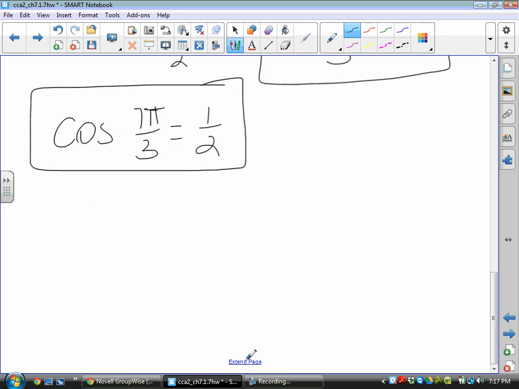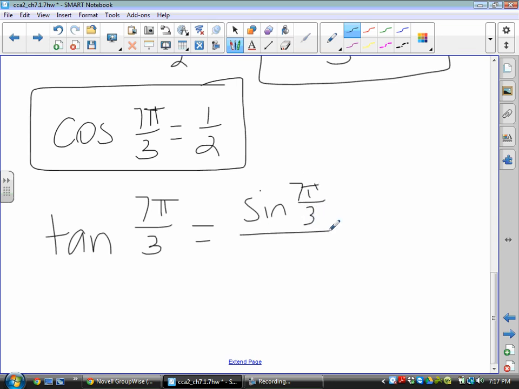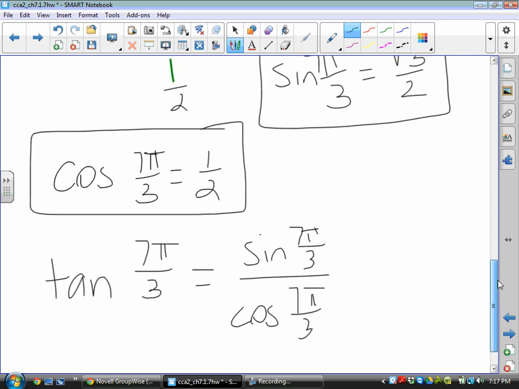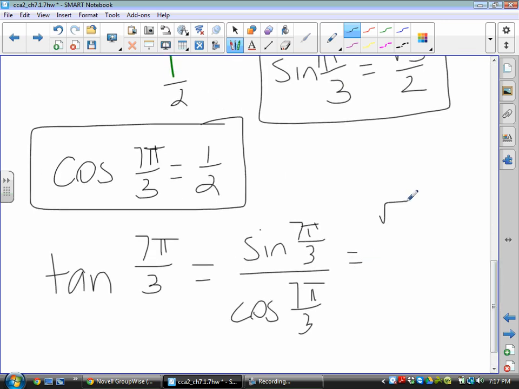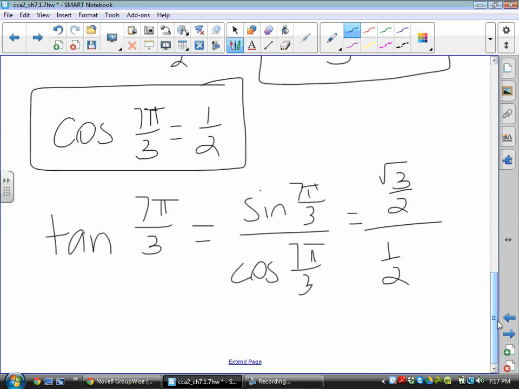The new part of today's lesson is the tangent of 7 pi over 3. Tangent is the sine of 7 pi over 3 divided by the cosine. We already found those. So all we need to do is take sine, which was radical 3 over 2, divided by cosine, which was 1/2. So we have a couple of fractions inside of each other.